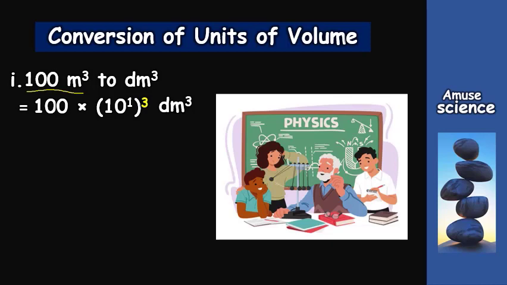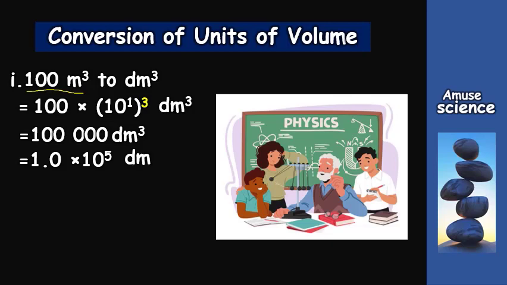Now let's apply indices here and write our answer. We are going to get 100,000 decimeter cube. Because in physics, we are expected to leave our answers, if possible, in standard form, we are going to have 1.0 times 10 exponent 5 decimeter cube as our answer. Let's go to the second one. 100 cubic meters to cubic centimeters.